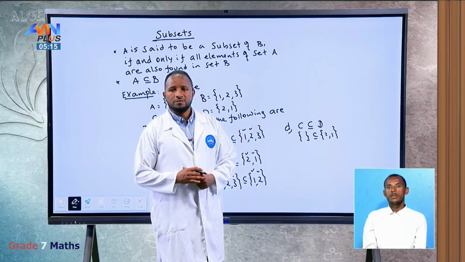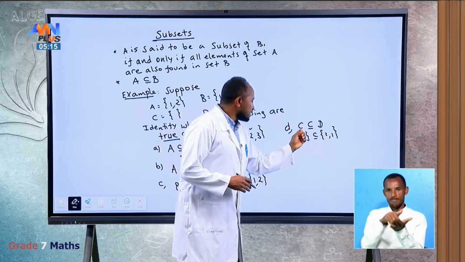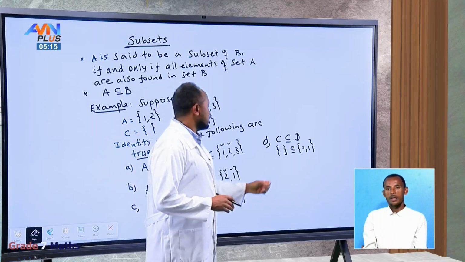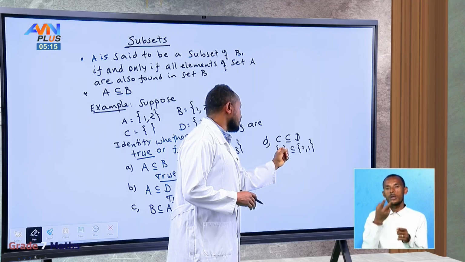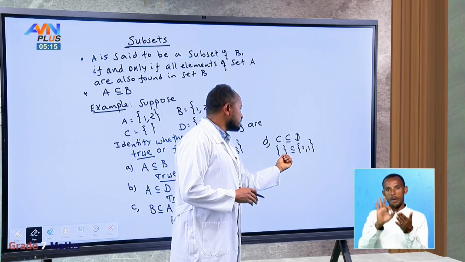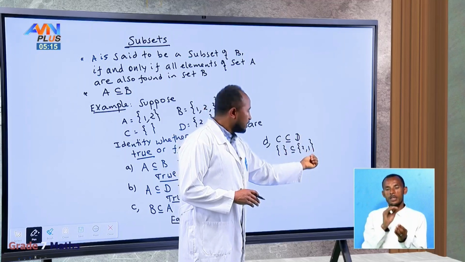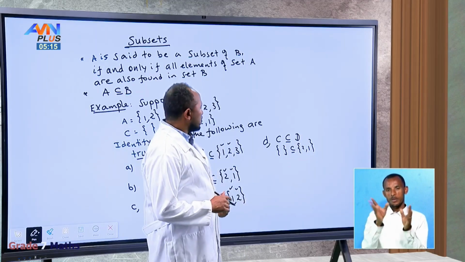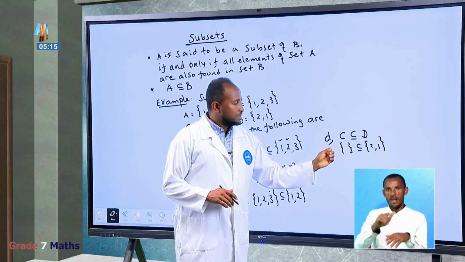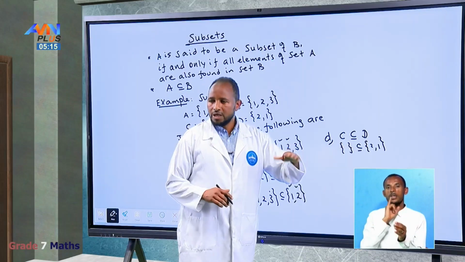I'll repeat this statement again. Is there any element here which is not found there? When we check, there is no number which is not found there. So, because of this, the empty set is a subset of the second set. And we conclude any empty set is a subset of any set.